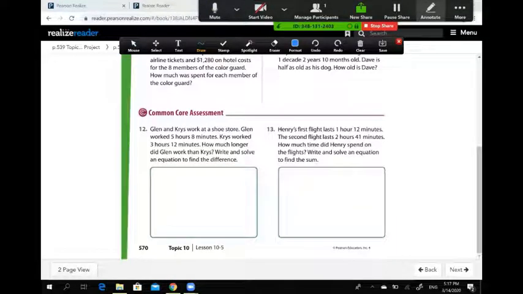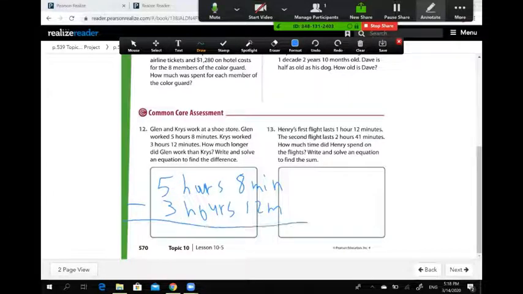So 5 hours, 8 minutes minus 3 hours, 12 minutes. Always when we want to subtract or add, we should start from the ones on the right.